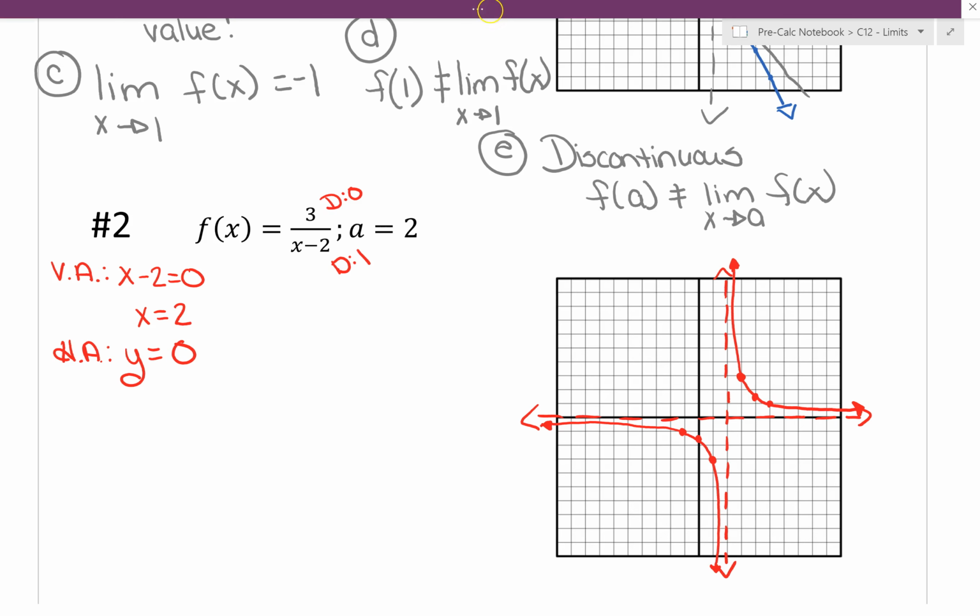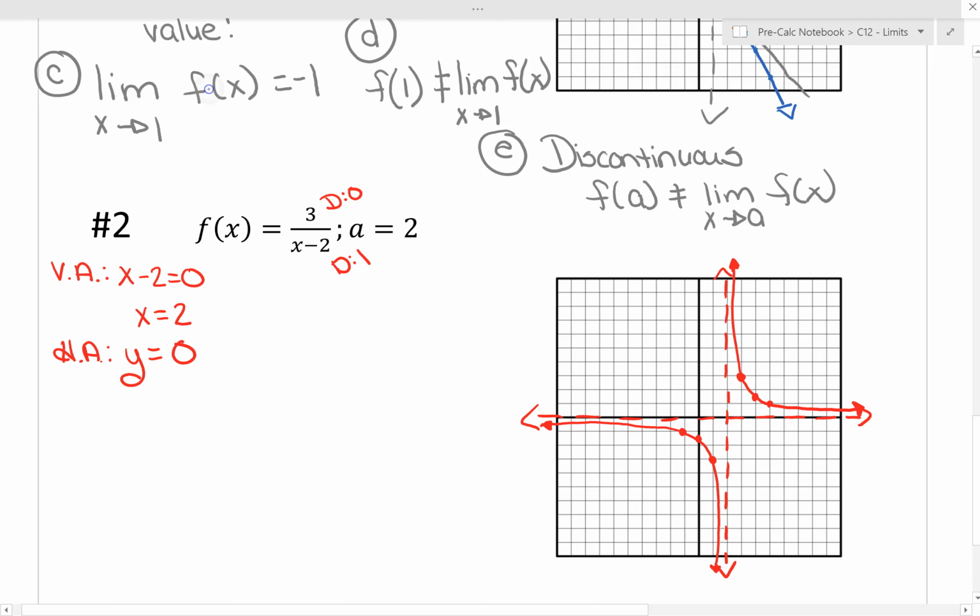So let's go answer our parts. So graphing was part A. Part B was find the actual value at 2. Well, since we're looking for when x is 2 and x equals 2 is our vertical asymptote, it looks like it will be undefined.